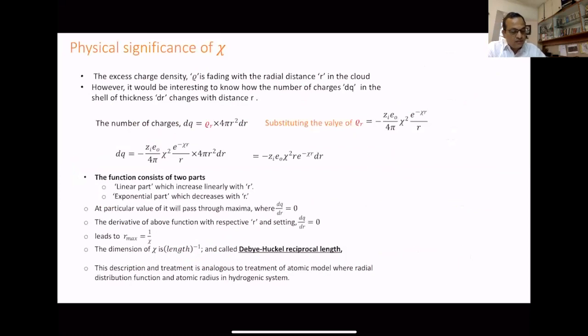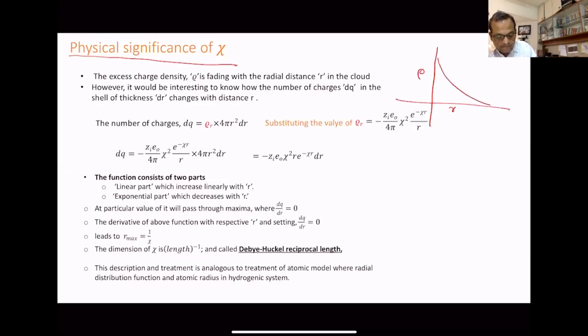Well, now let us see the physical significance of chi. Last time we have seen this, but I'll repeat it here. This excess charge density is fading with radial distance. But the interesting part here is, suppose this is my reference charge, and there is an oppositely charged cloud.